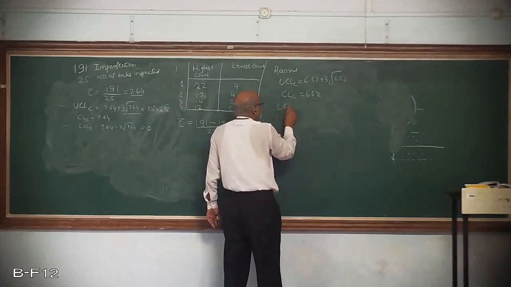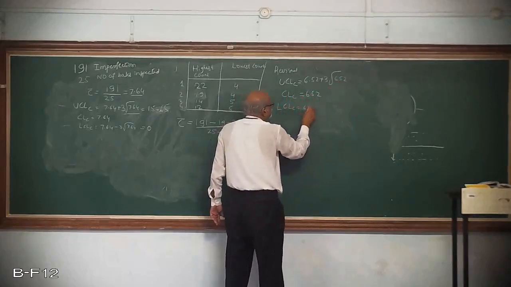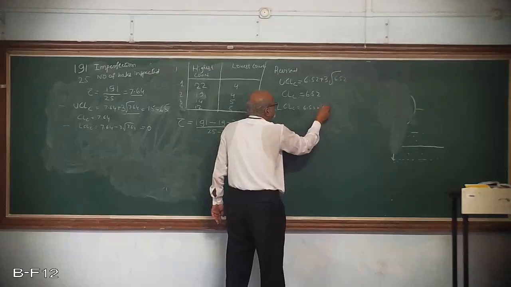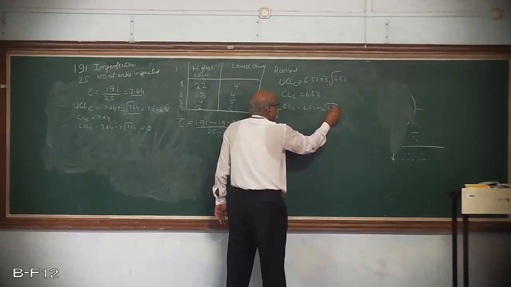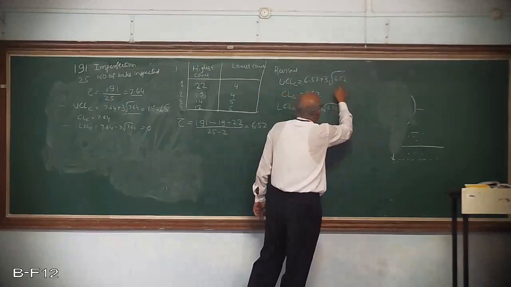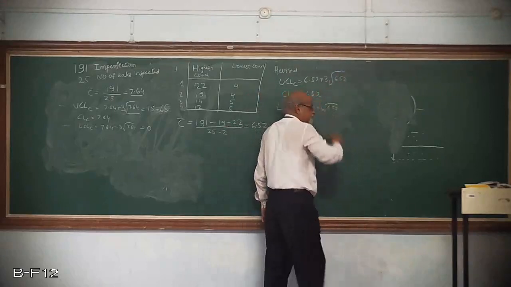Lower control limit is 6.52 minus 3 under root 6.52. So I think this one is going to exceed this, okay?